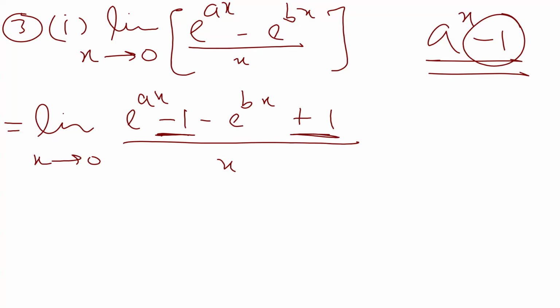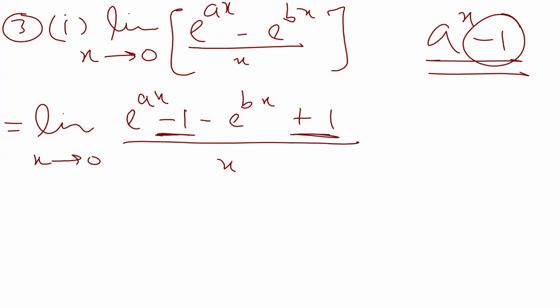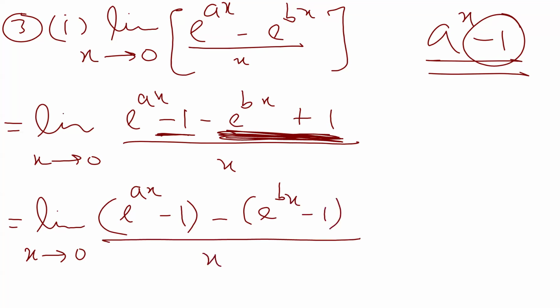Now this got -1. This also should get a -1. So for that reason, we'll put brackets. We took minus sign common over here, so naturally this got a minus sign within the bracket.